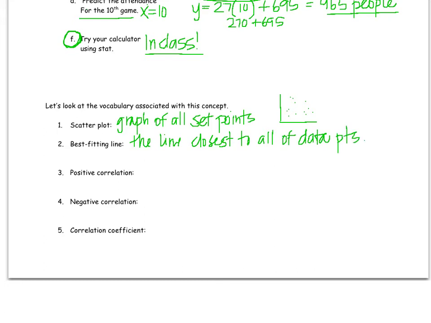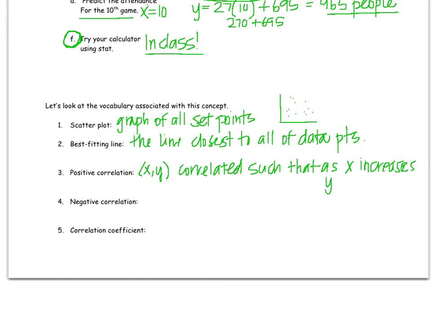Positive correlation means, basically, let me give you an idea. A point X and Y are correlated, okay, they have some sort of relationship such that as X increases, Y also increases.